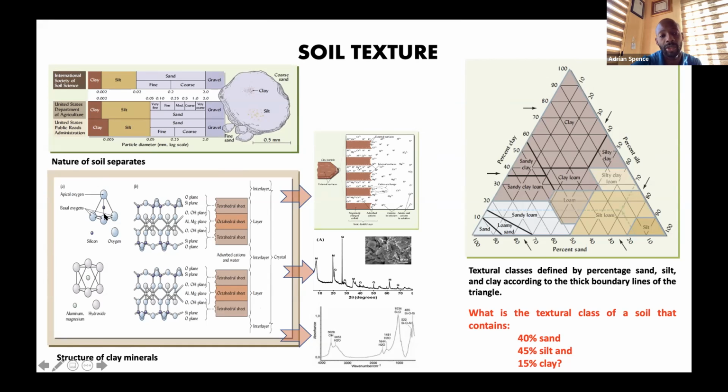This is how the tetrahedron looks: it's silicon surrounded by 4 oxygen atoms. And in the case of aluminum, it's aluminum surrounded by hydroxyl groups. Now, when you have one of these stacked on top of one of these, that produces a 1-to-1 clay.